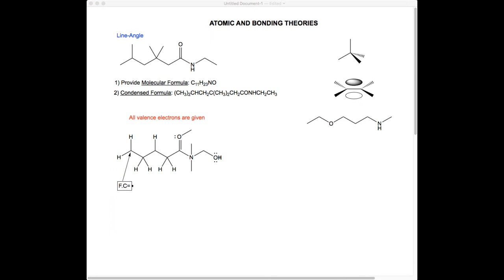The options could be 0, minus 1. Okay? What is the formal charge of that carbon?